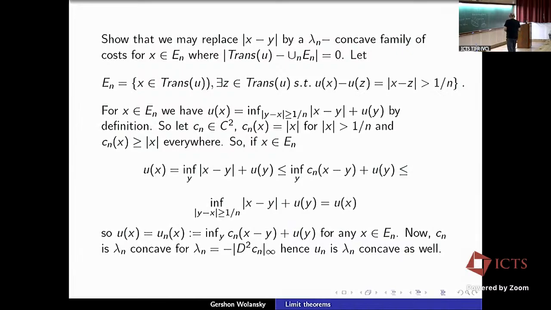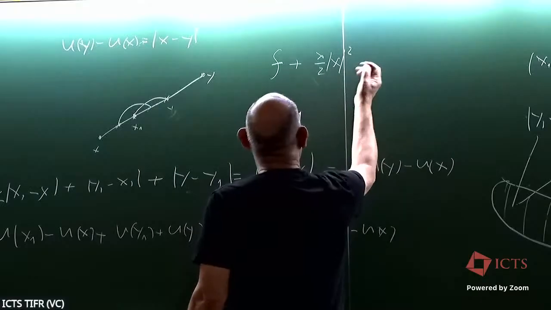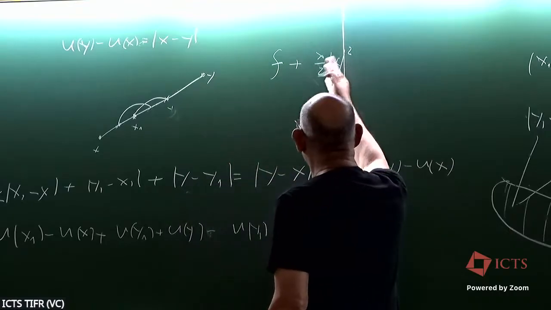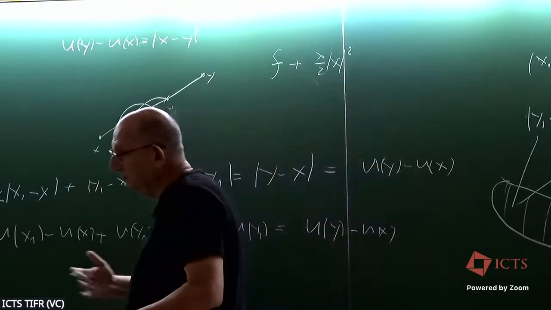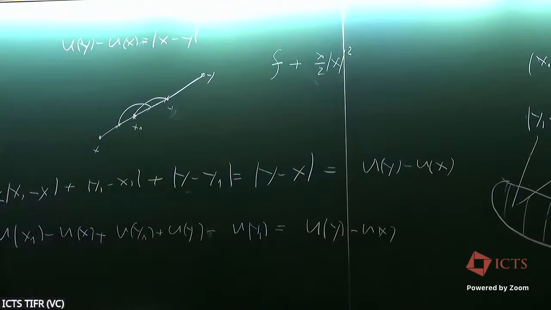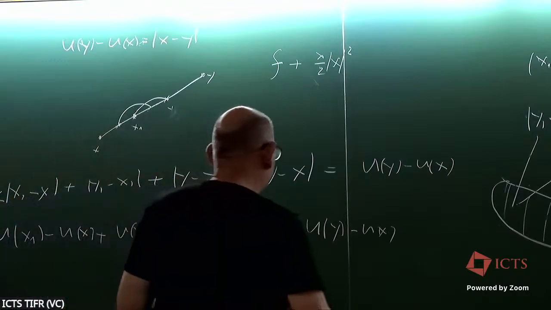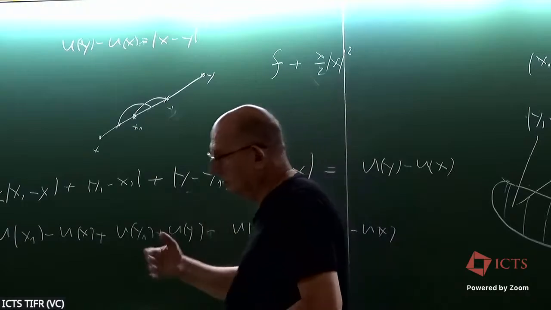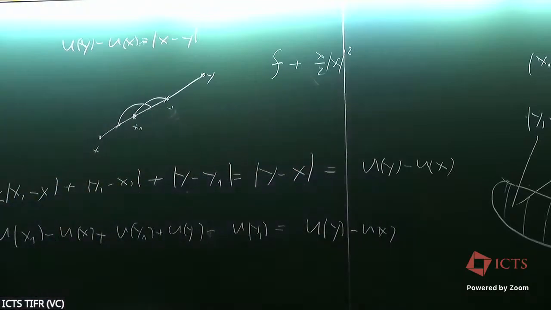Lambda concave means that the function f is lambda concave or lambda convex if f plus lambda over 2 x squared is convex or concave for some lambda, which may be positive or negative. So this is convex or concave only up to some multiple of a quadratic function, for a given constant.